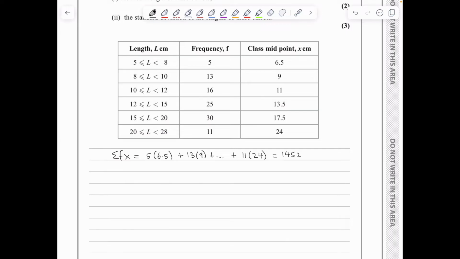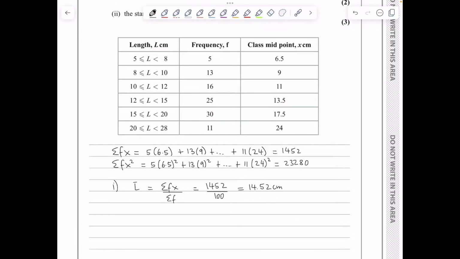And I will also be calculating the sum of fx squared, which is 5 times 6.5 squared plus 13 times 9 squared plus dot dot dot plus 11 times 24 squared. And this gives an answer of 23,280. Well, to find the mean, I will simply do the sigma fx over sigma f, which in our case is 1,452 divided by 100, which is the total number of observations, which gives me 14.52 centimeters.